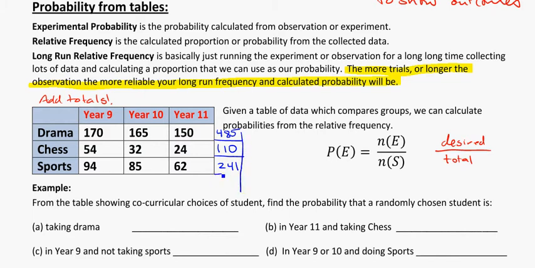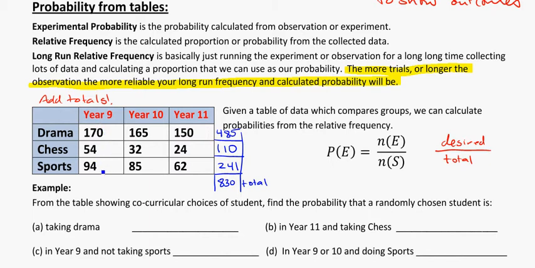Now I'm going to add all of those up to get a grand total, and that's going to be 830. So in total here, I'm looking at 830 students all up: 485 are doing drama, 110 chess, 241 sports. And now I need to know my totals by year level. How many year 9 students are there in total?